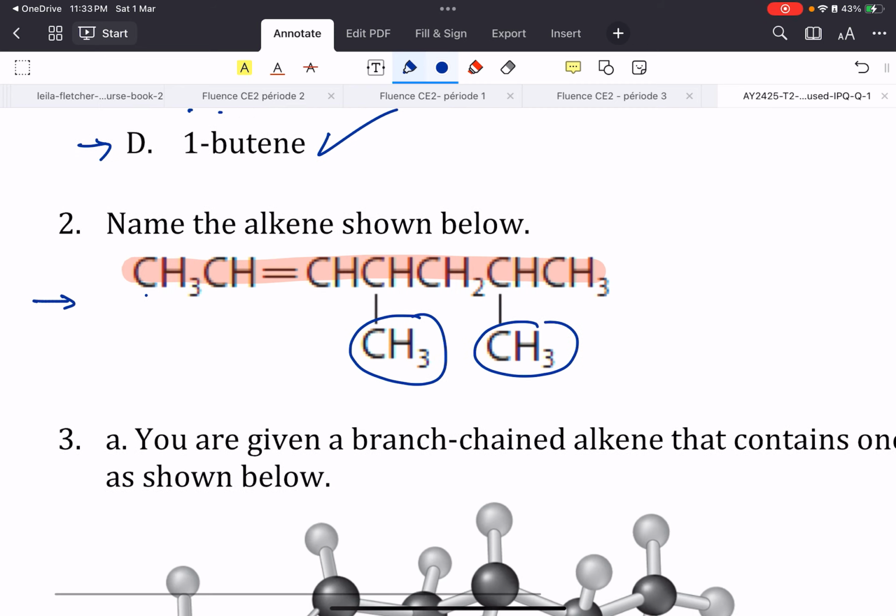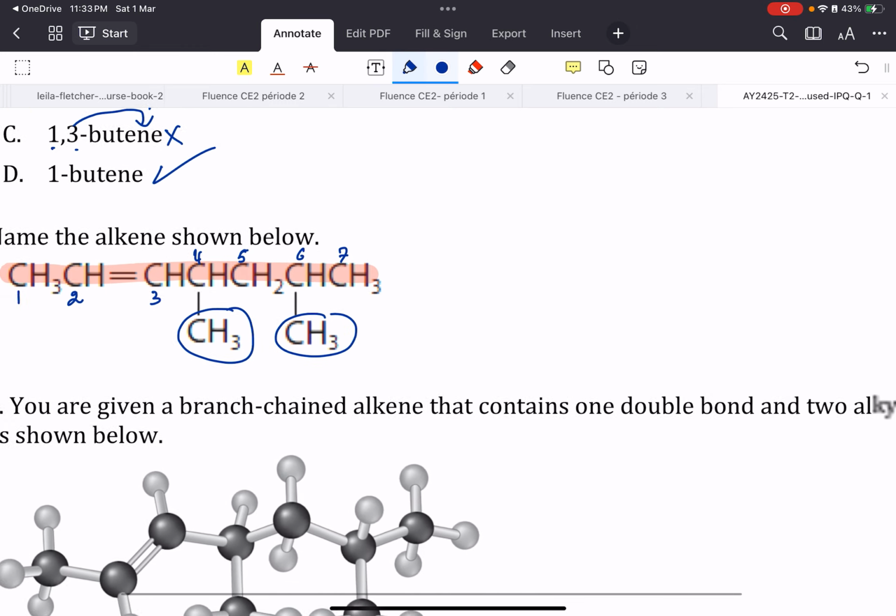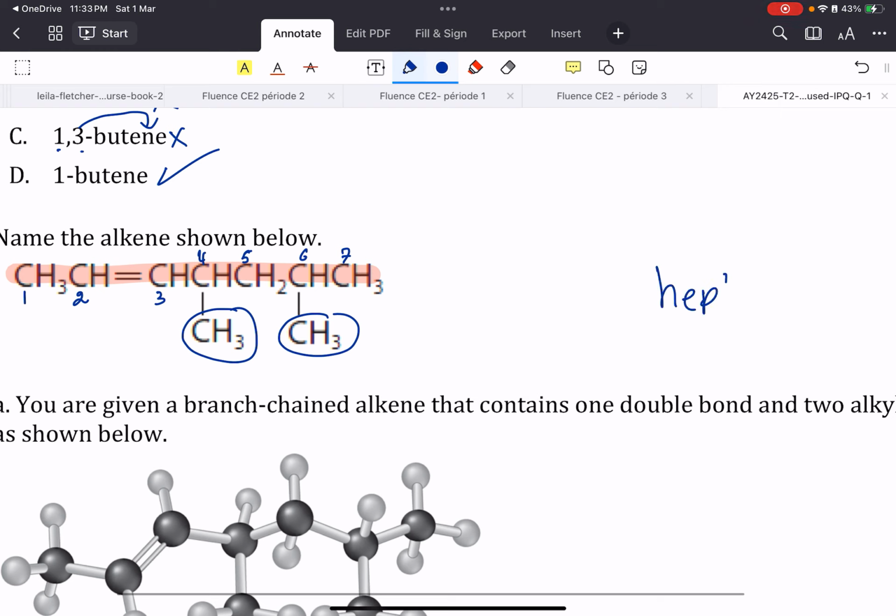So in this case, we are going to count from the left: 1, 2, 3, 4, 5, 6, and 7. So 7 is a heptene. Ene because there's a double bond. Now, where is this double bond? It's on the second carbon. So I will say 2-heptene.